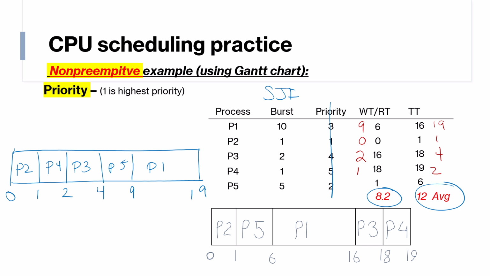And P5's wait time would be 4, and its turnaround time would be 9. So if you add 9, 10, 14, 15, 16 divided by 5, you can see it's a significantly reduced wait time. Now this is just an exercise. I'm just demonstrating for you the different ways in which you run these algorithms on these simple Gantt charts and make comparisons.